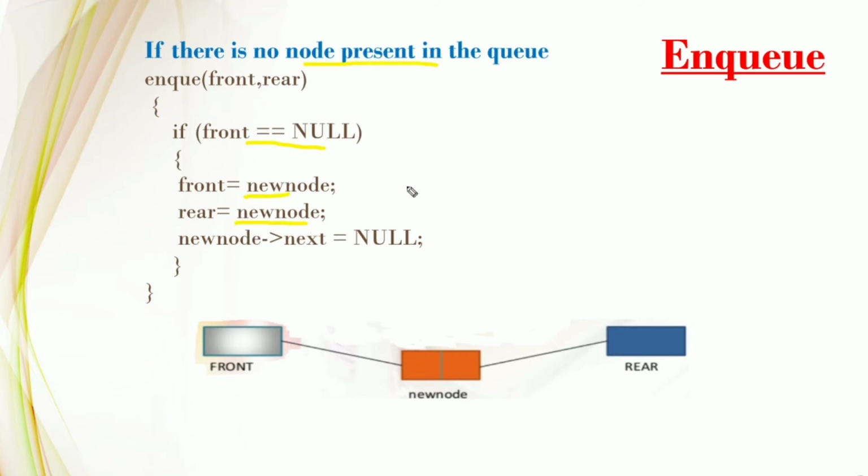This is the created new node, front points here and rear always points here, and the new node's next points to null. At first we inserted one node, that is the new node. Now we have added the new node, and that node is pointed to by the front as well as the rear. Now the queue is created with one node, that is the new node.